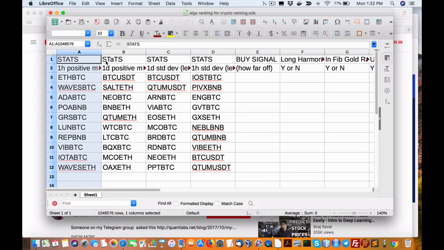What you're looking at here is data from I believe last Thursday or Friday, and these are the stats for particular cryptocurrency pairs off of Binance that would be wise to go with on positive momentum. Here we have hourly, and here we have daily.